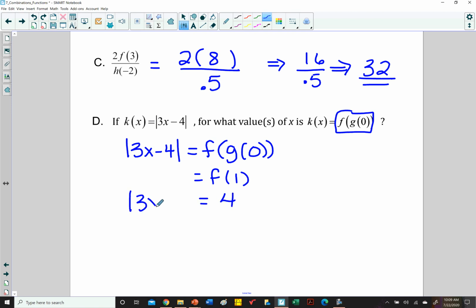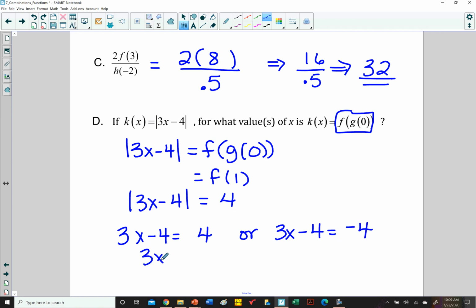And then it's just a matter of solving an absolute value equation. We would drop the bars and solve two equations. Either 3x minus 4 is 4, or 3x minus 4 is the opposite of 4.